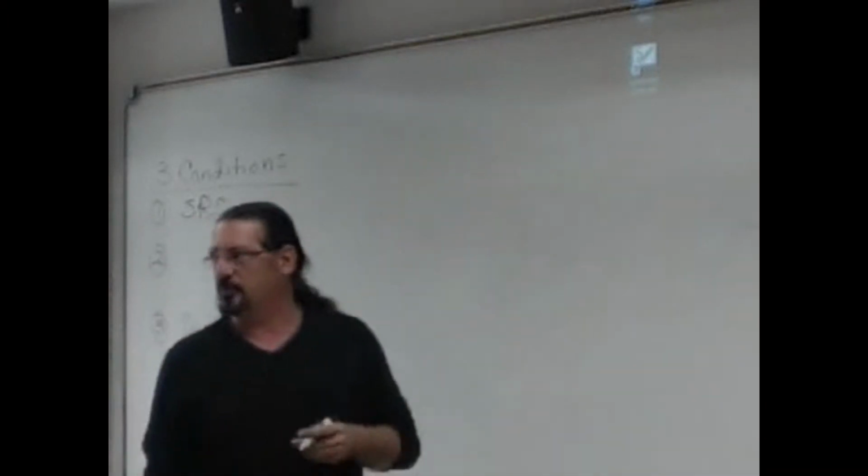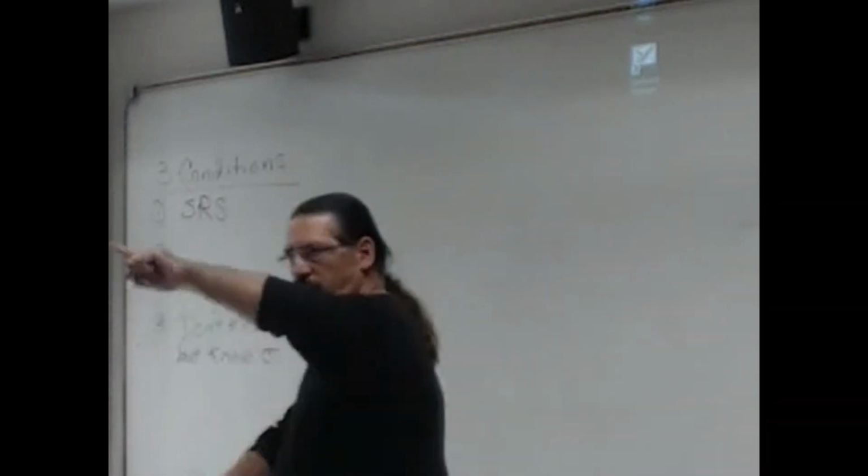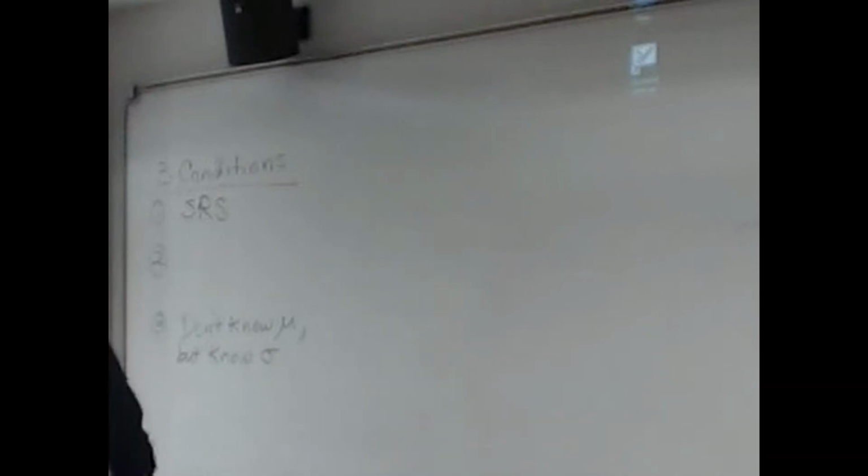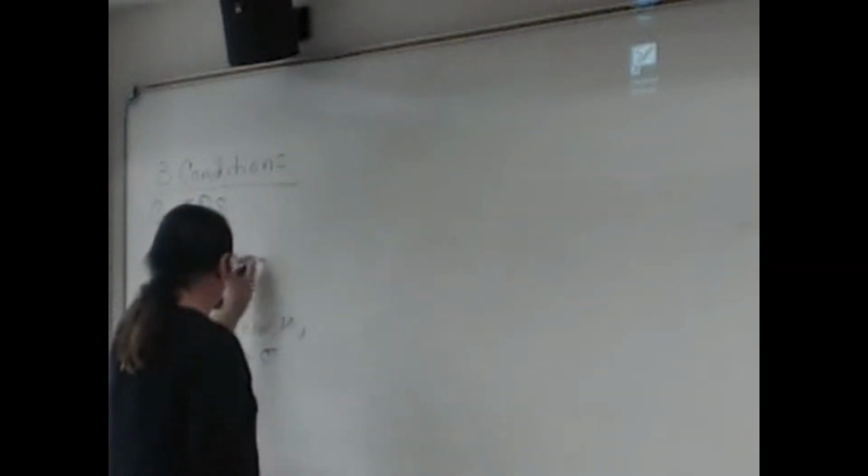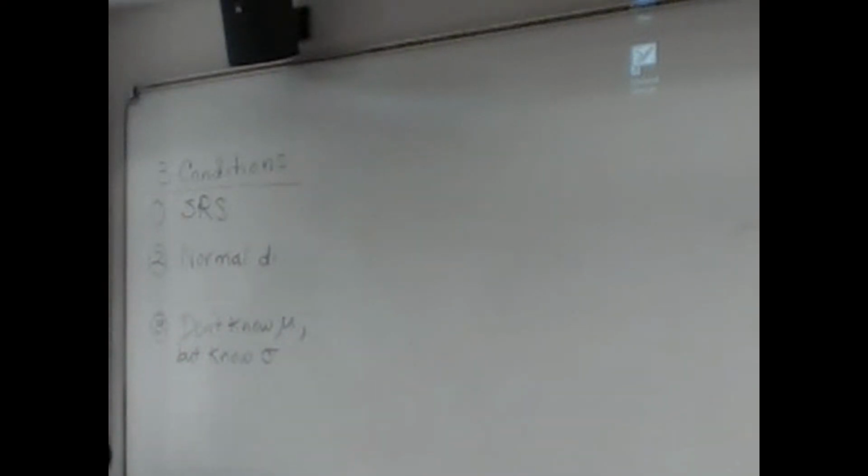Somebody else, what's the second one? We have the individual scores in the population normally distributed. Yep. So between that and knowing sigma, that's what makes how we came up with the confidence interval, and what I'm showing you in chapter 15, Z procedures.